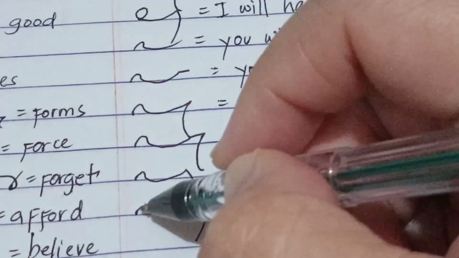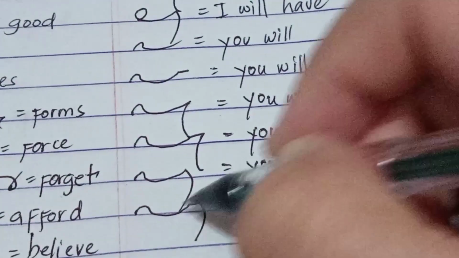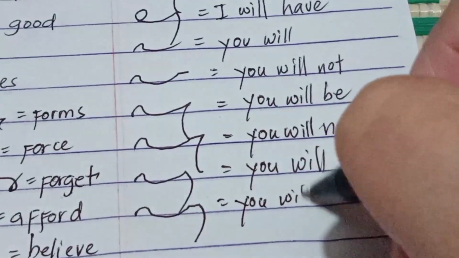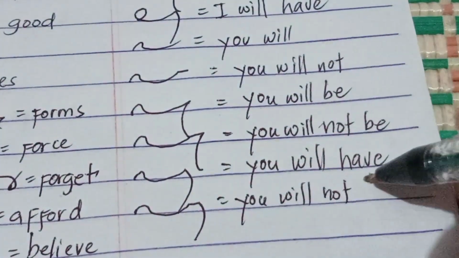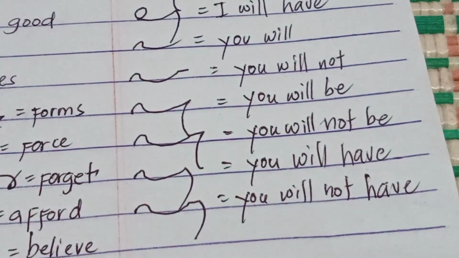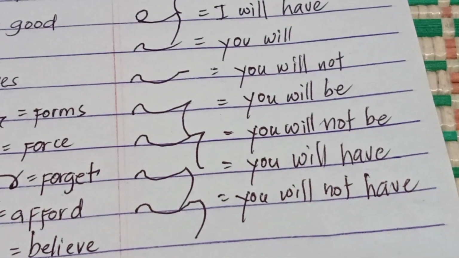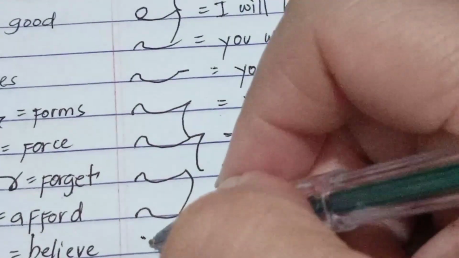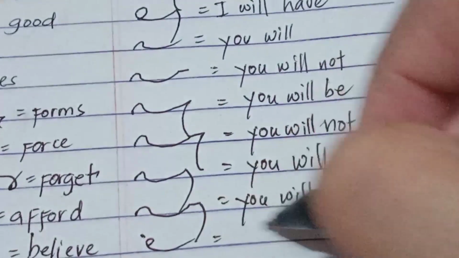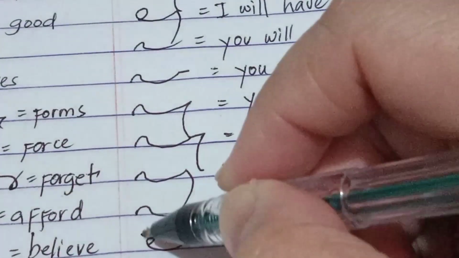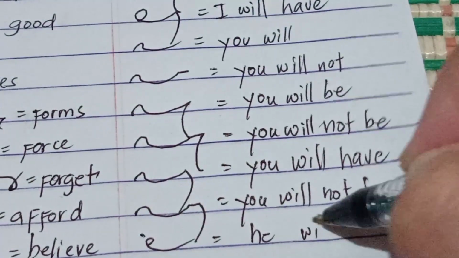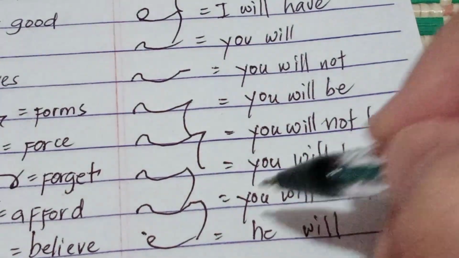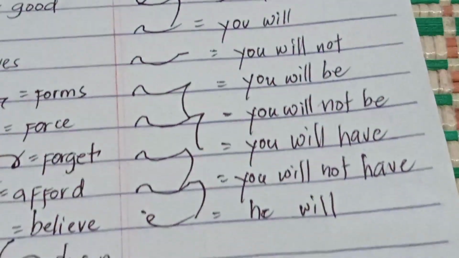So, this is you will, again, not, and have. So, you will not have po yan. Okay? If I write he will, so this is he. Ito po yung he, H and E, and will. So, this is will. Okay? He will po yan. Okay?